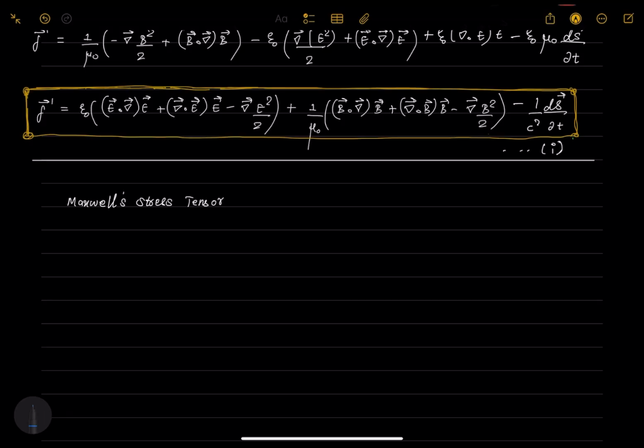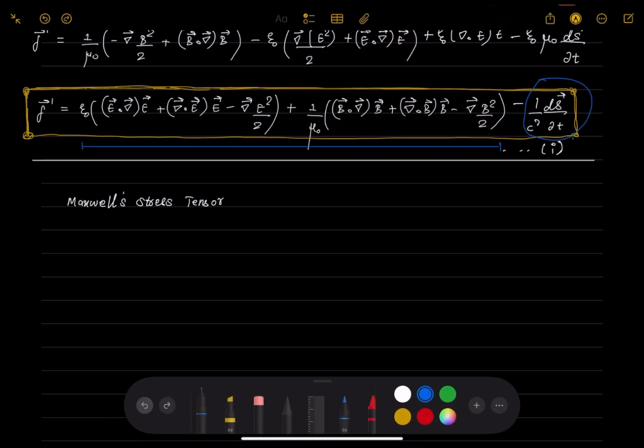Very brief spoilers: this thing is going to help us simplify all of these terms, apart from the Poynting vector term that we wrote at the end.